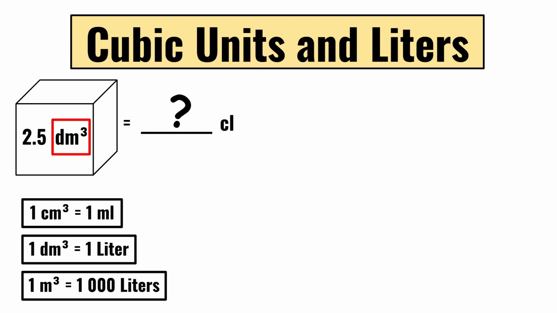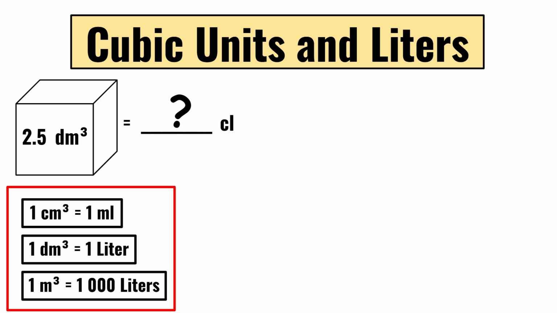When we look at our 3 key facts, we see that 1 decimeter cubed is equal to 1 liter. And if 1 decimeter cubed is equal to 1 liter, that means 2.5 decimeters cubed is equal to 2.5 liters.